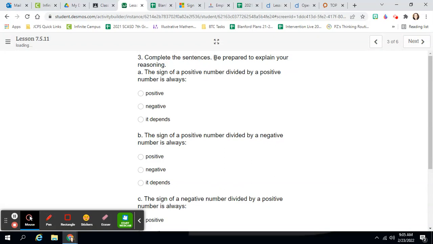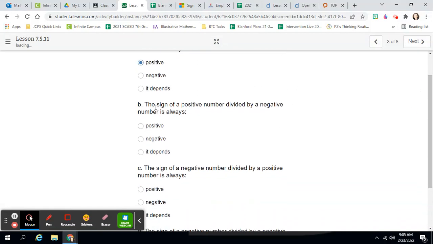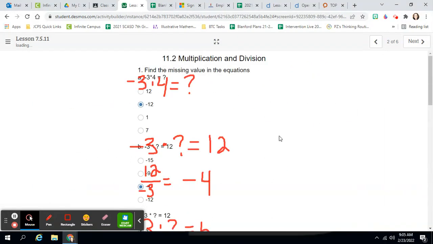So complete the sentences, be prepared to explain your reasoning. The sign of a positive number divided by a positive number is always, so if we do a positive divided by a positive, the answer is positive, right? You've been doing positive divided by positive for a long time. For this one, the sign of a positive divided by a negative is always, well, let's go back here.